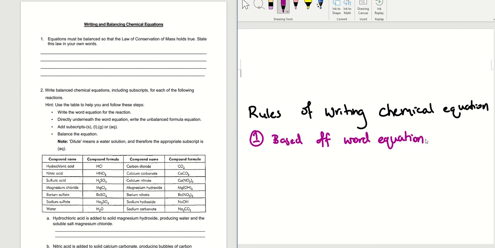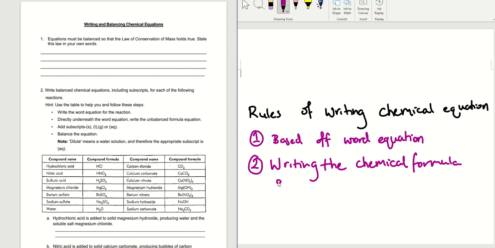That's given to us already, at least in the examples we're going to go through. Next part is writing the chemical formula of the substance.